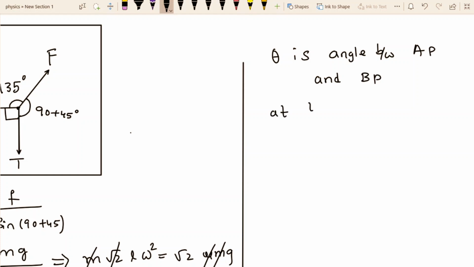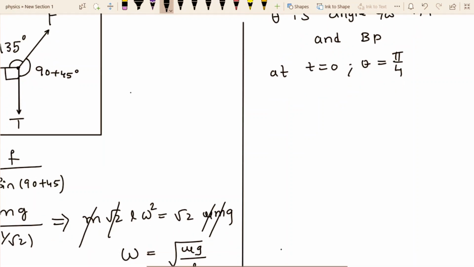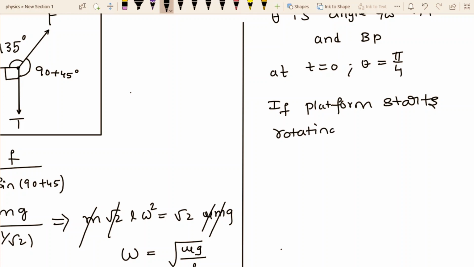At t equal to 0, the theta value is pi by 4, and if the platform starts rotating, then omega will increase.